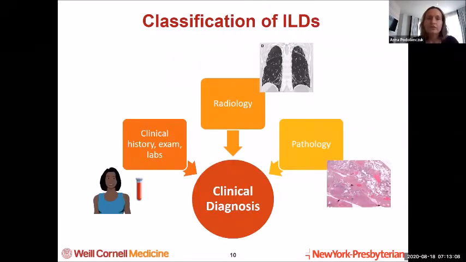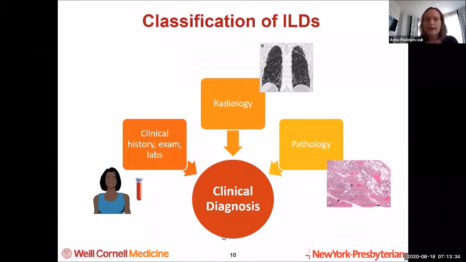So just to provide an overview, when I talk about the classification of ILD, I'm really going to be talking about the clinical diagnosis, which is comprised of 3 different components. It includes a clinical history, exam, and lab, so really your clinical impression when you see the patient. It also incorporates radiologic findings and, when available, pathologic findings.